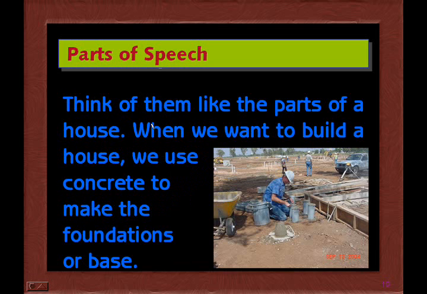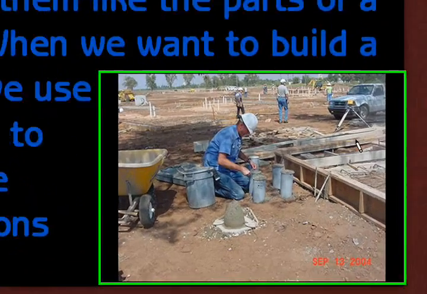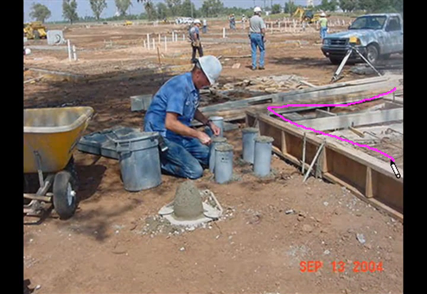Think of them like the parts of a house. I am talking about parts of speech, which you can think of like a house. In order to construct a house, what all do you have to do? When we want to build a house, we use concrete to make the foundation or base. So the first thing is the foundation.